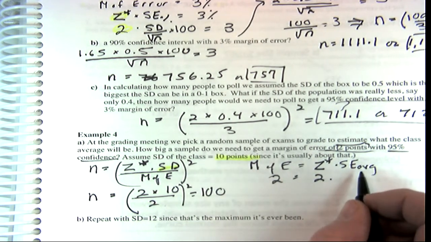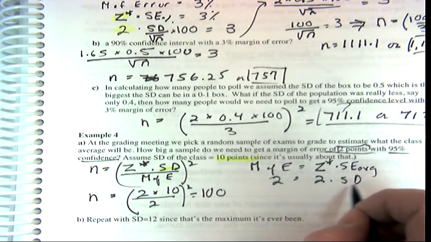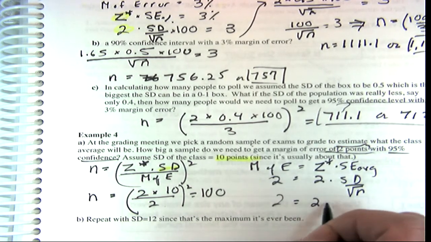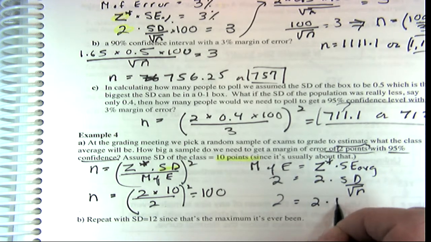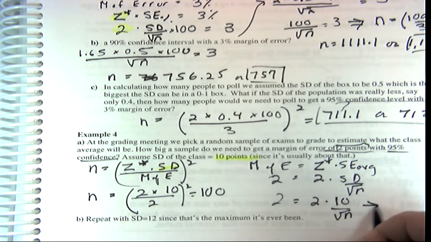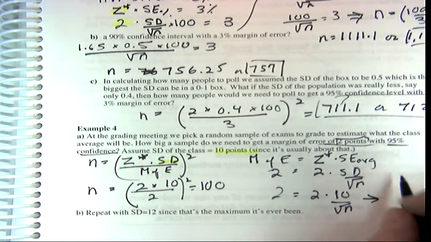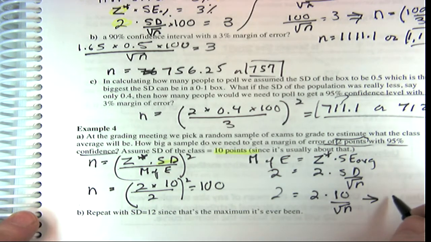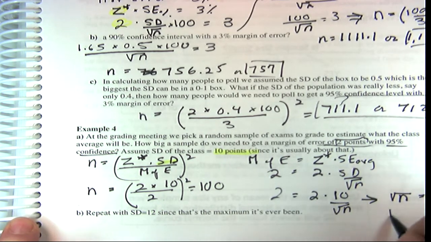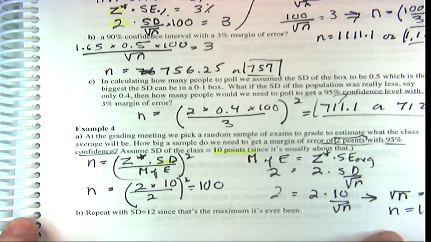And then this is SD over the square root of n. So we just say 2 equals 2 times our SD, which is 10, over the square root of n. Right? So then we'd get the square root of n is 10. So n must be 100. We get the same thing.